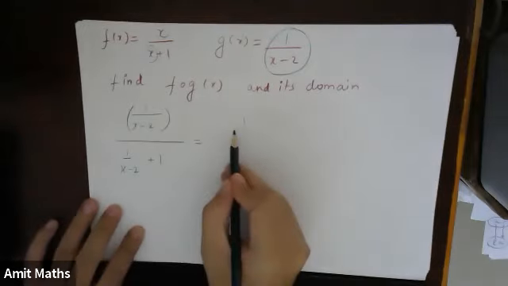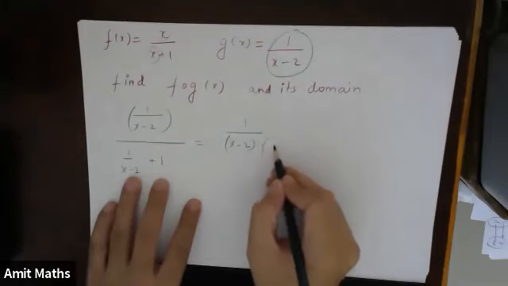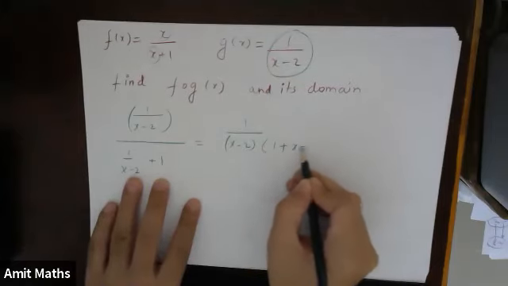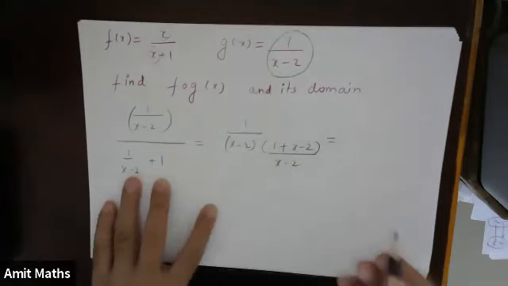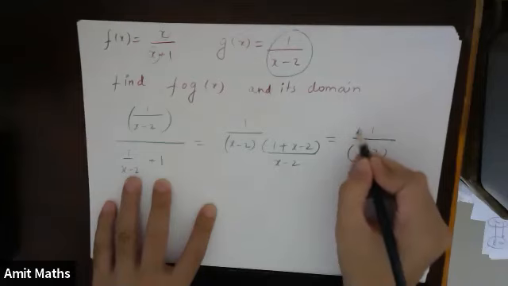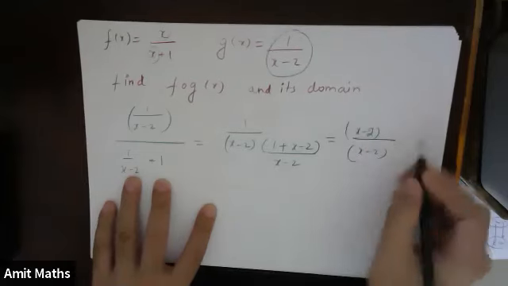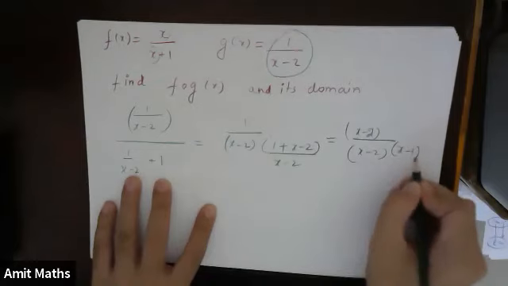So this will become 1 upon x minus 2, and this will be 1 plus x minus 2 upon x minus 2. So this will be 1 upon x minus 2 into x minus 2 plus 1. So this is x minus 1.